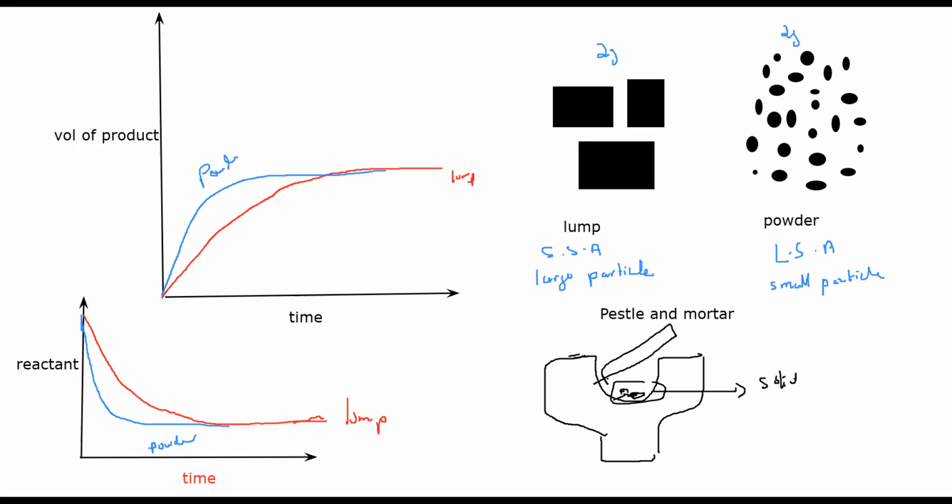How the speed of the reaction is affected by the size of the particles. Any doubt in this? Take the screenshot.